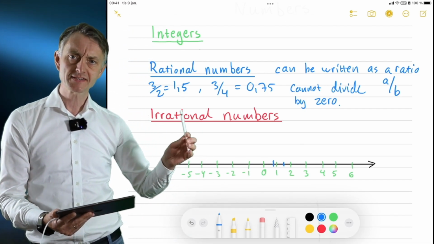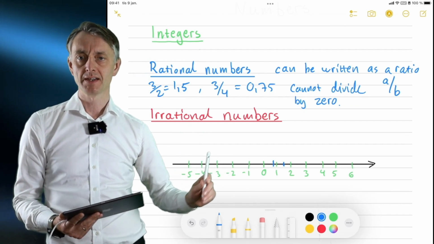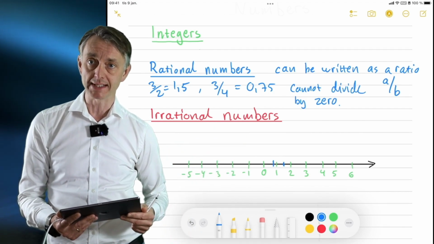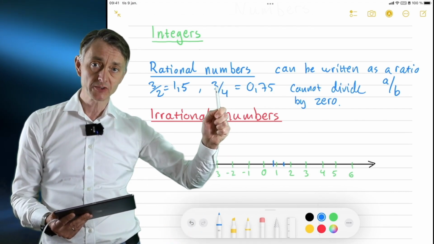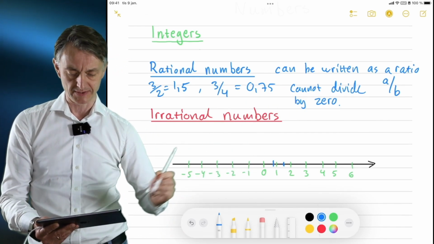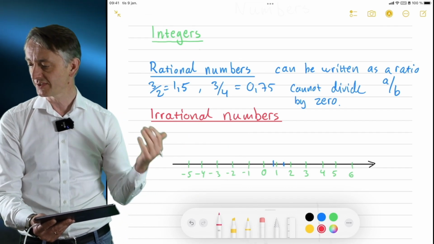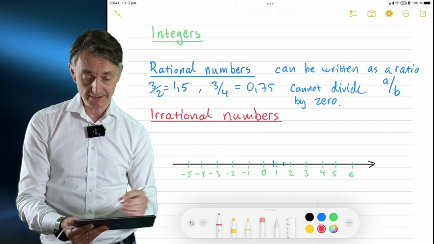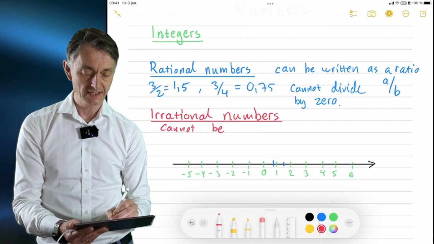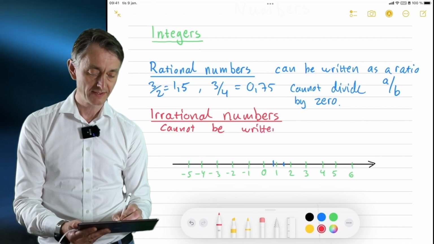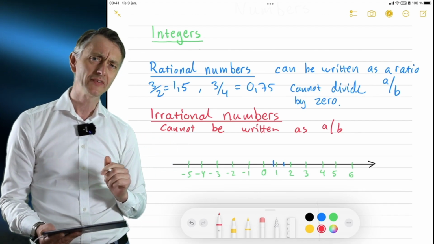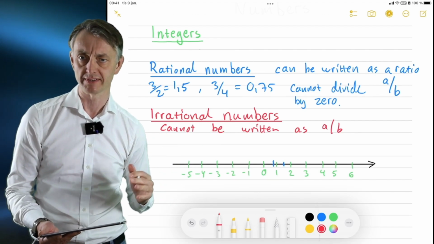Okay, so are there still gaps in between these numbers when we have used up all the rational numbers? Yes, there would still be gaps. There are other numbers that cannot be written as a ratio. So then we look at the irrational numbers. Okay, so what defines them? Well, like I said, they cannot be written as A over B. And can we think of any examples so that we can illustrate what an irrational number is?